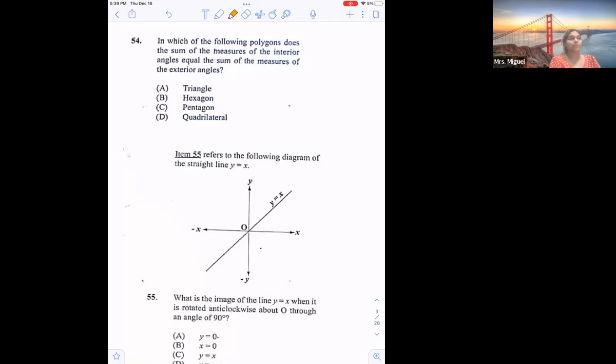I believe it's a quadrilateral because look at this. If we have a 4-sided figure here, and this angle here is 90 degrees. If this is a straight line, this also has to be 90 degrees. If this is at 90 degrees, the angle outside has to be 90. If this is 90, this angle on the outside must be 90. So the only answer there is a quadrilateral.